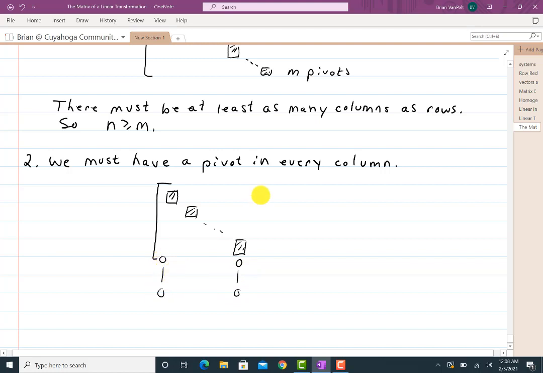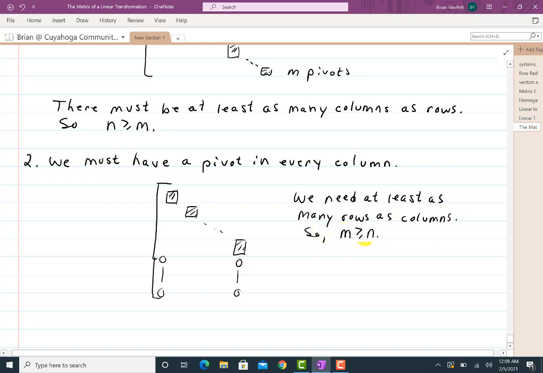So in this case, we need at least as many rows as columns, so m is greater than or equal to n.